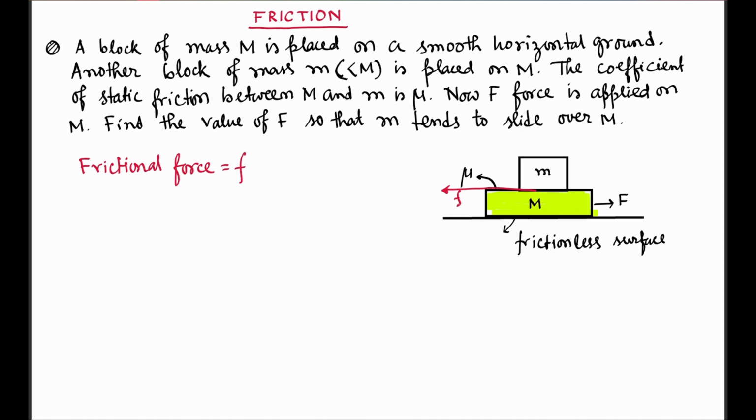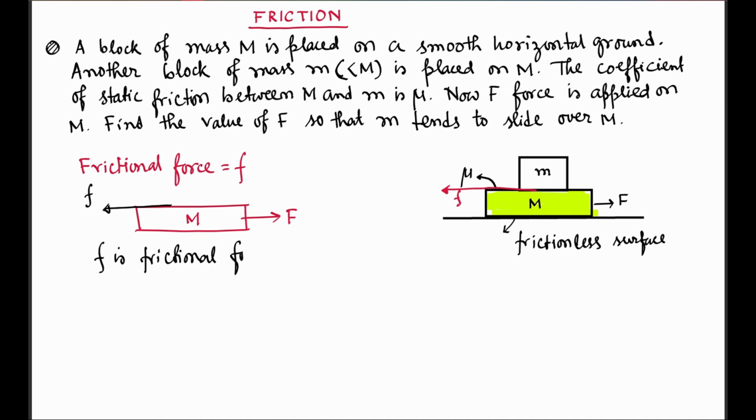This is f, the frictional force. Now if we consider the free body diagram for larger block, F force is applied in this direction and the frictional force f is here, the frictional force by small m on capital M. Now from Newton's third law, the same frictional force is applied on small m by capital M. Therefore, if we consider the free body diagram for the smaller mass m, here frictional force is applied in this direction.